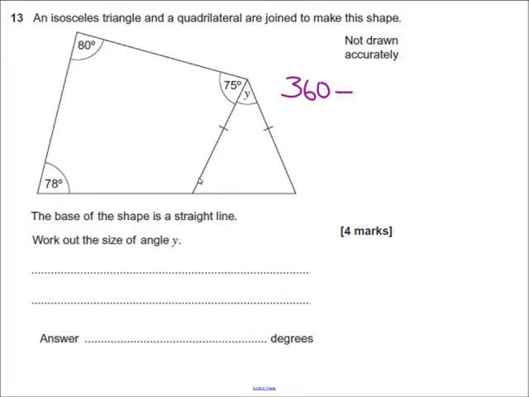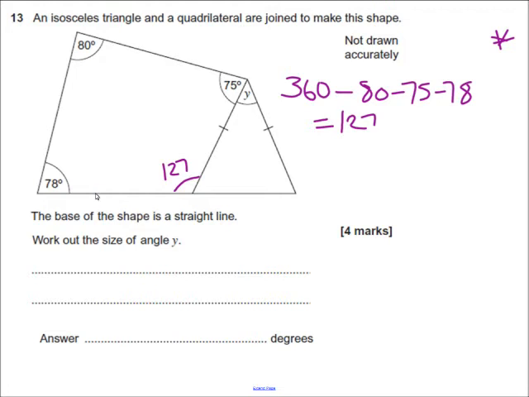So to find this missing angle we have 360 and take away the 3 angles that we do know, which is 80, 75 and 78. Using your calculator, the answer you should get is 127 degrees. So the missing angle inside our quadrilateral is 127 degrees.